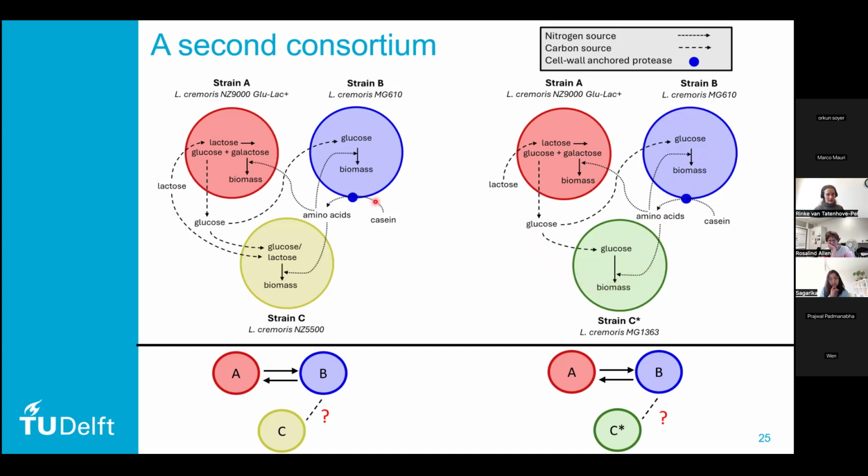So we think, okay, for this consortium, we knew that these two could grow together. These two, only C would grow. We take another consortium where we think that C will not be able to grow, and we again try to infer the interactions.